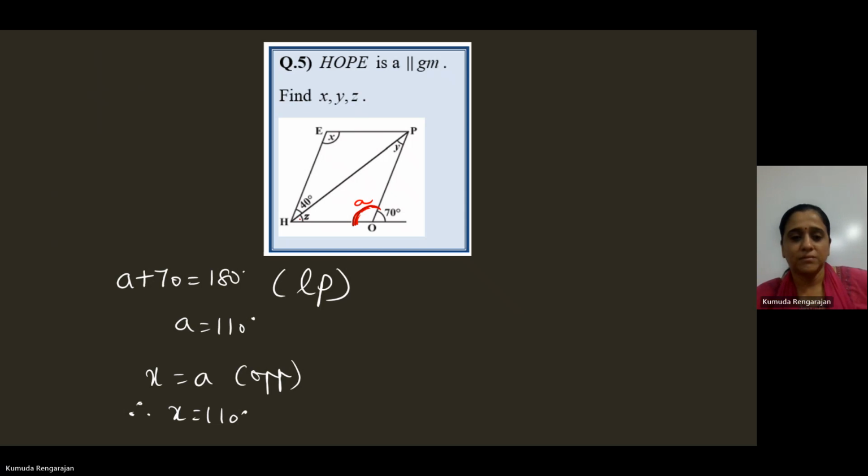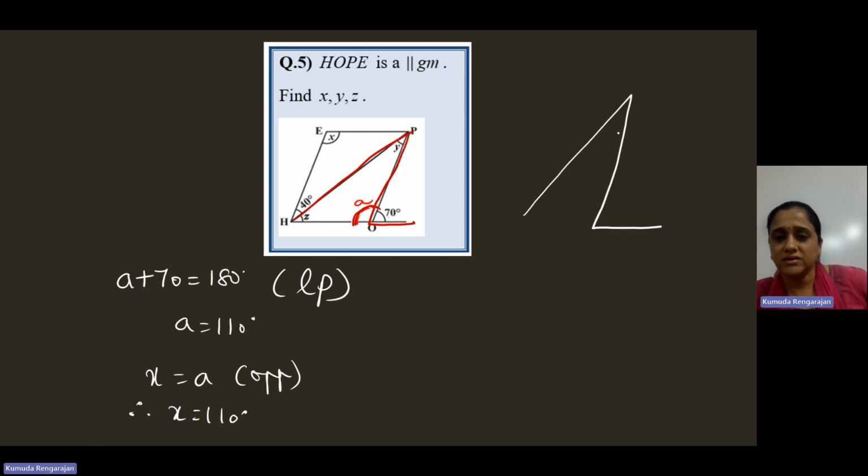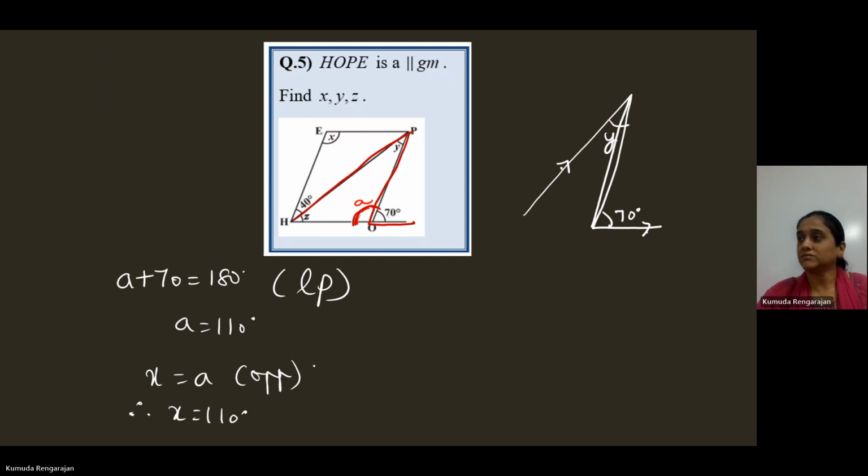You're talking about this angle Y and 70. So it's like this. Here is Y and here is 70. Now, these two lines have to be parallel and this one should be the transversal. Are these two lines parallel? No, then they're not alternate angles. See, these two lines must be parallel, intersected by a transversal, then alternate angles are equal. So where are the parallel lines here?